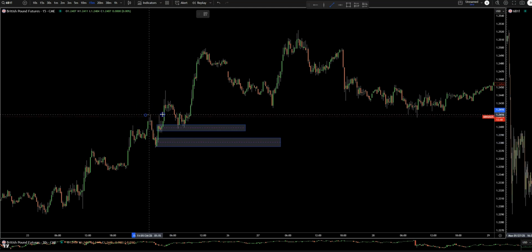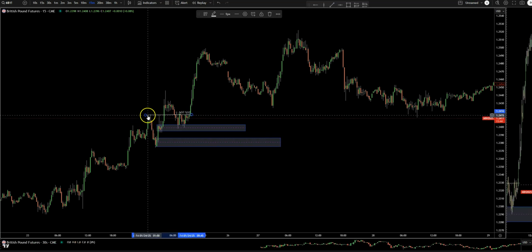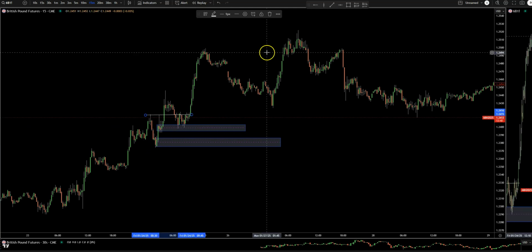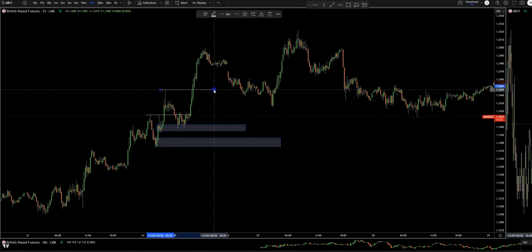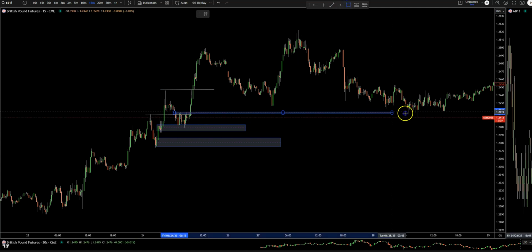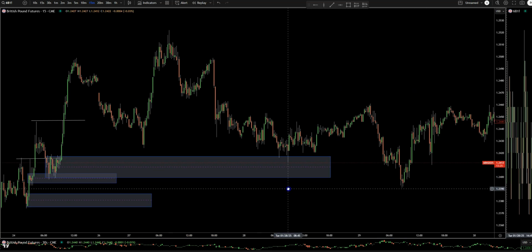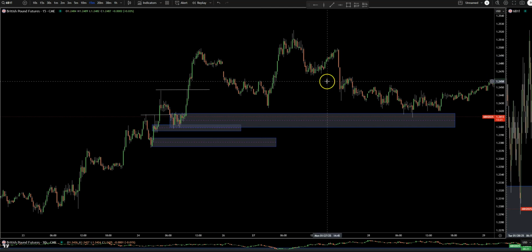So here, so that move broke the high here. That came down. This move from this zone up. So now this is another valid supply and demand zone. And as you see, when we come over here, price reacts. Boom.